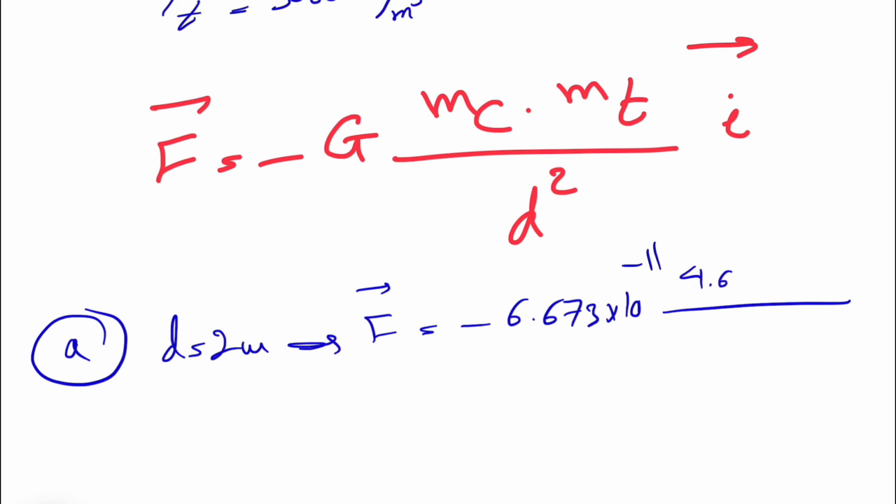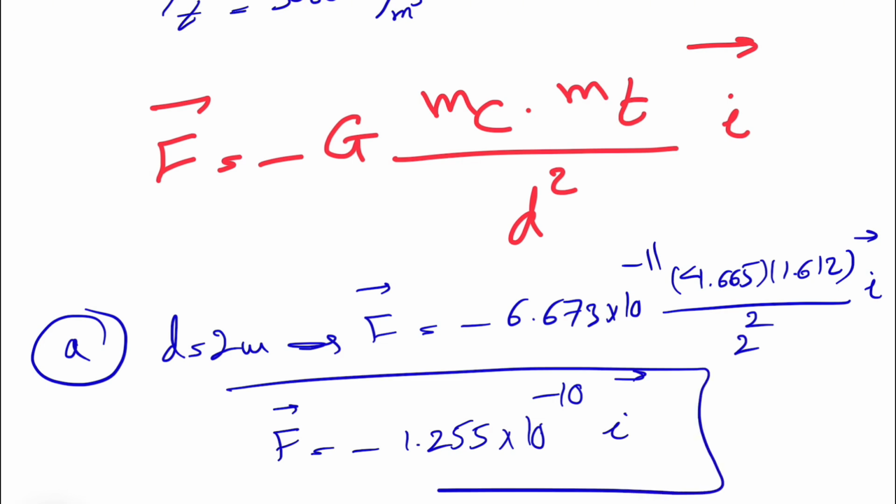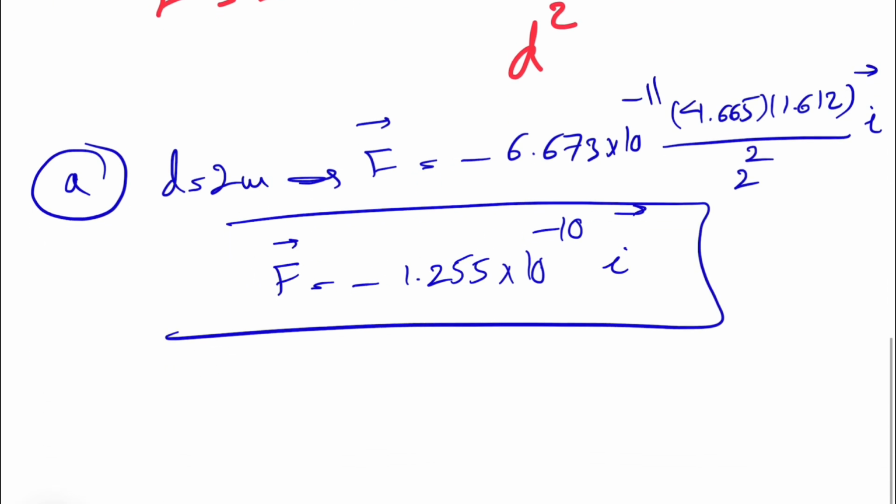We found 4.665 for the mass of copper, and the mass of titanium was 1.612, and in the denominator we only have d squared, which is 2 to the power of 2, and we have our i. If we calculate this, our F will be minus 1.255 times 10 to the minus 10 i, and that would be the answer for the first part of the question.